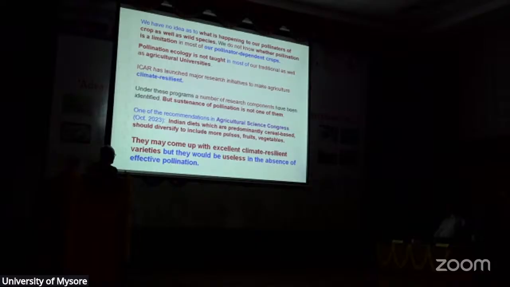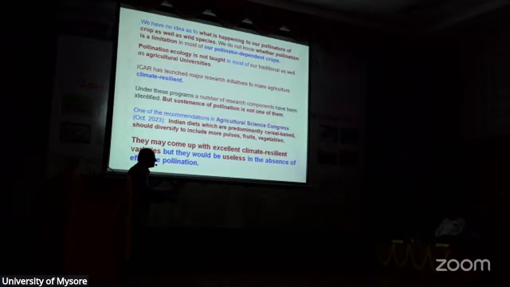They may come up with excellent climate resilient varieties after research, but they would be useless in the absence of effective pollinators. This is the tragedy with our agriculture scientists. They seem to have totally ignored pollination ecology.